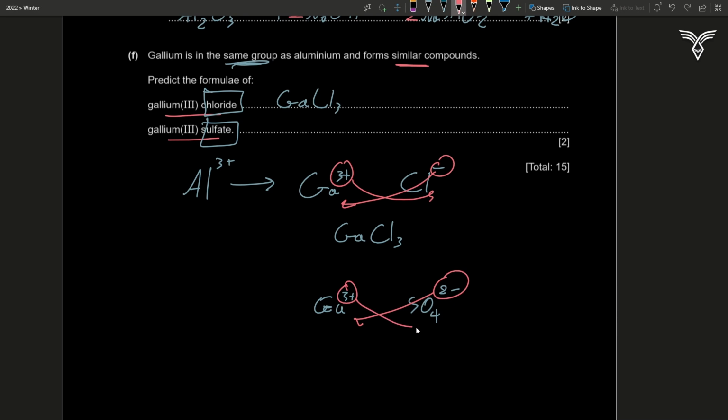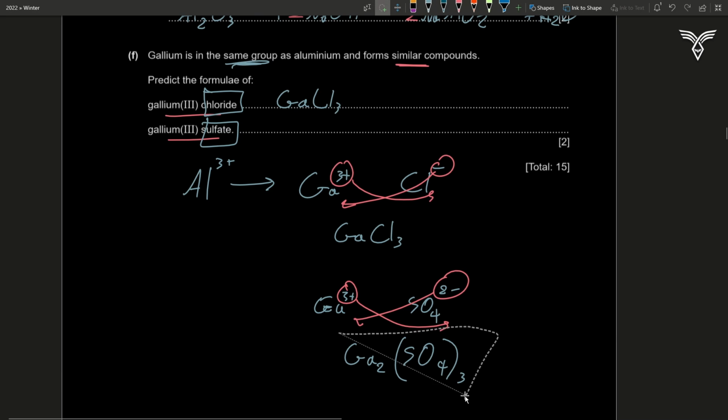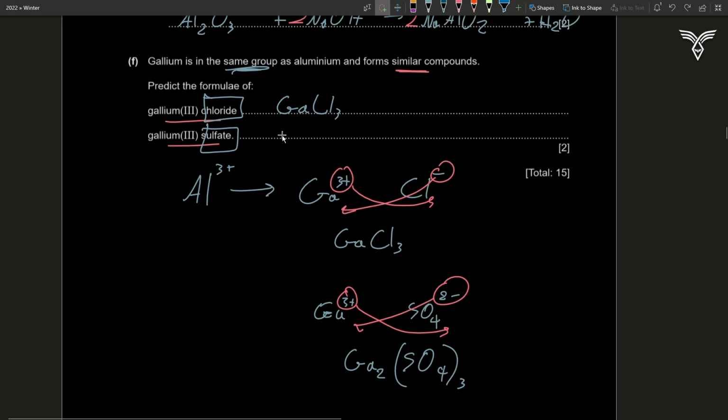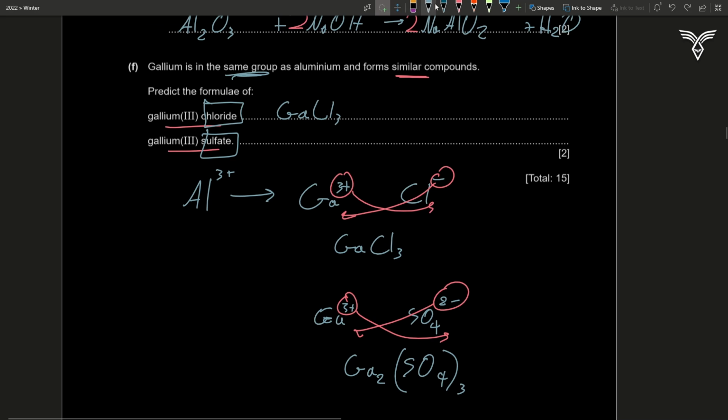عندك 3 بلس هنا، هات ال 3 هنا. تمام، يبقى هيبقى عندك GA واخد ال 2، GA2 و SO4 وال SO4 كلها هتاخد ال 3. ف this is your answer for the second part. معلش برضه. طيب ماشي، أنا هكتبها، أنا غلطان، أنا آسف.